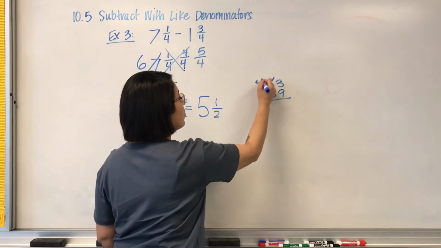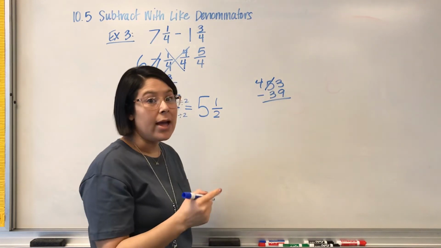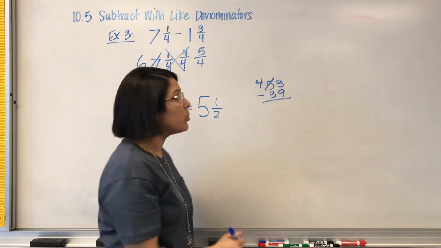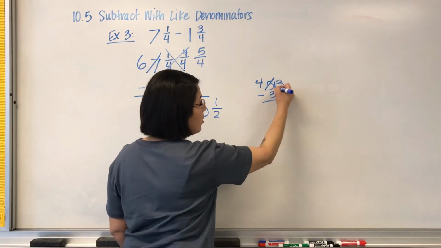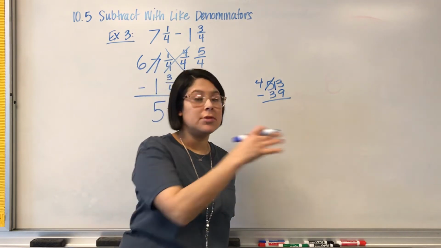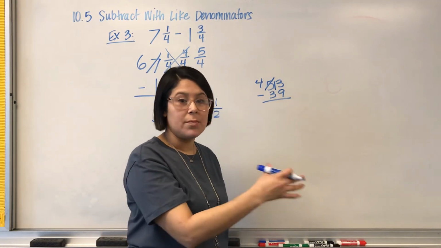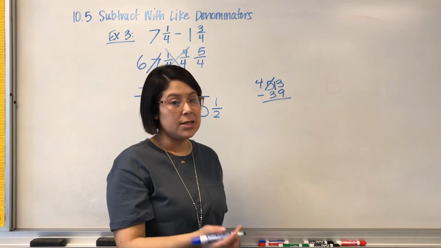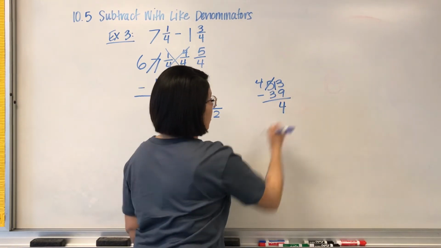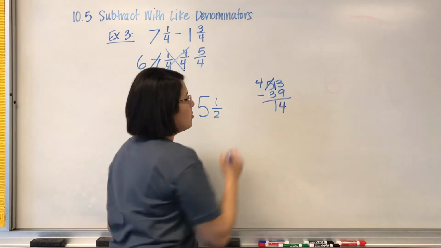Borrowed from this 4, and now I just borrowed, and I now have to rename. This 3 is not a 3 anymore. It's a 13. I borrowed 10 in order to make that happen. Now it's a 13. I can do 13 minus 9. That's a 4. That's a 1.